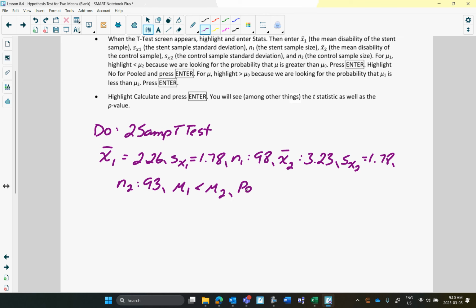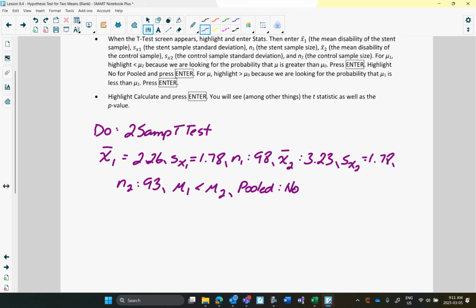So pooled, no, because we didn't combine the standard deviations. So I'll enter it: 2.26, 1.78, 98, 3.23, 1.78, 93. We are looking for less than, and it is not pooled.